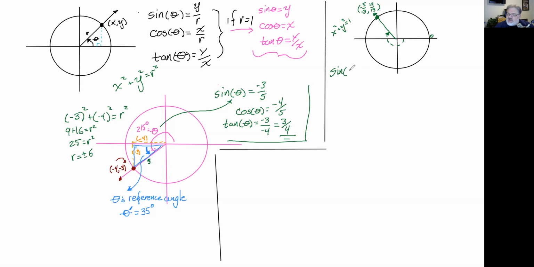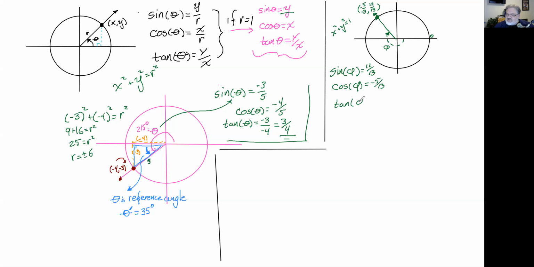The sine of that angle, I'm going to call that angle phi. The sine of that angle phi, normally we'd think y over r, but because we're on the unit circle, it's just the y value, 12/13. Cosine of phi, the x value, negative 5/13.